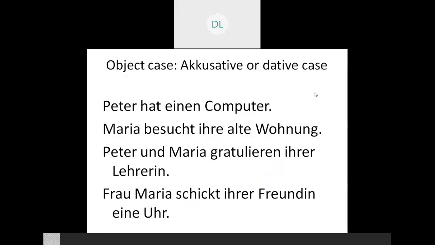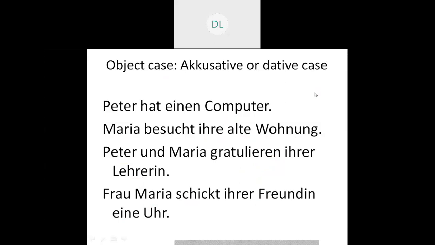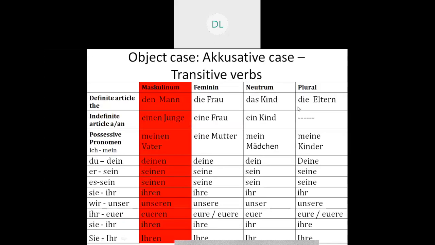On the next slide I have for you the object case, that is accusative. Now in the table, if we compare the subject and the object, subject is nominative, object is now accusative, and very important what I have specified here is transitive verbs, because transitive verbs will definitely require an object.